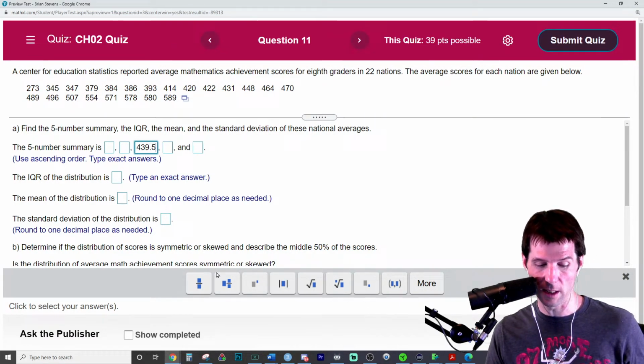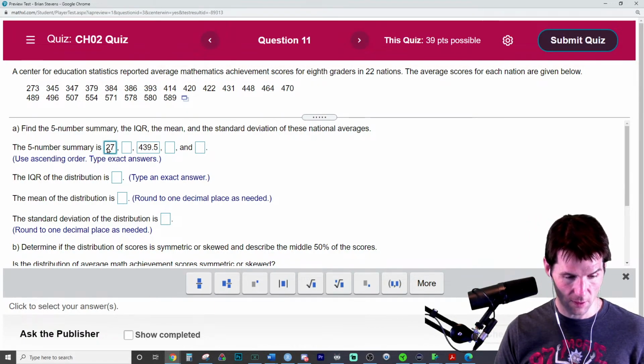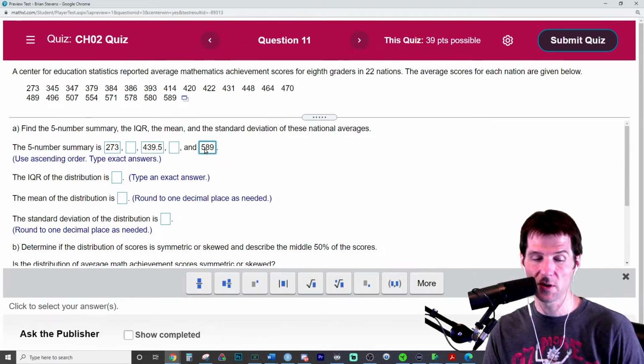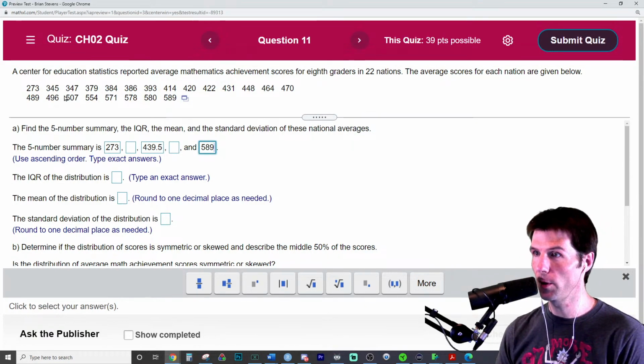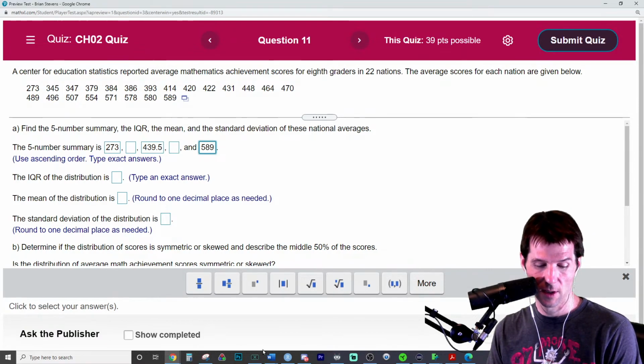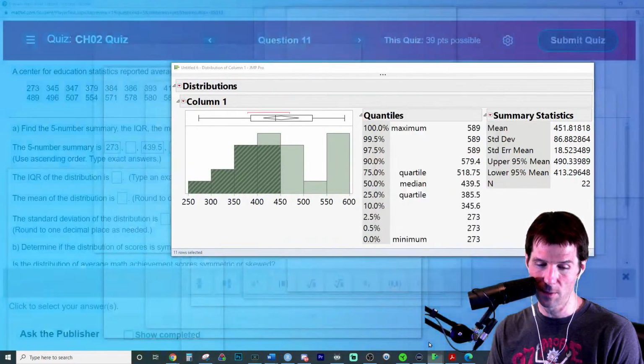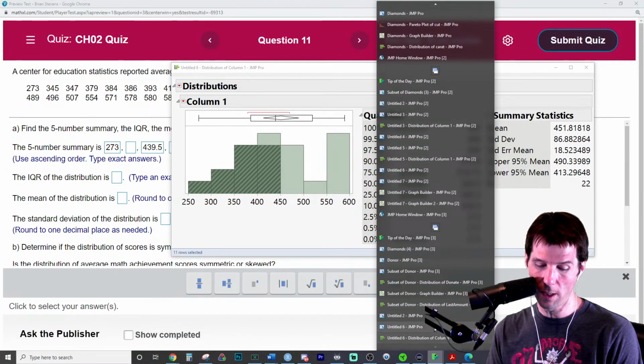Now, this is where it gets tricky. The min and the max are easy enough. The min is 273, and the max is 589. Now, here's the thing. If there's 11 lower numbers, then think about this. The number that would be the median of the bottom lower numbers would be what?